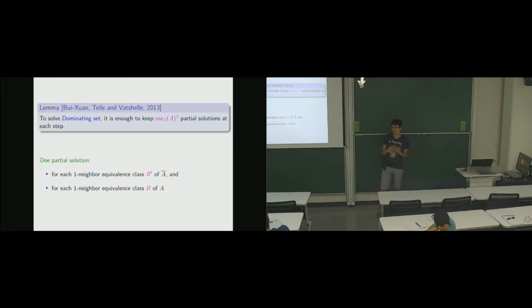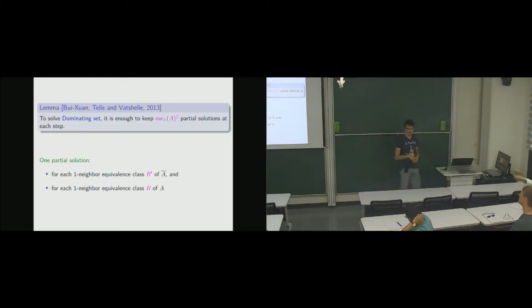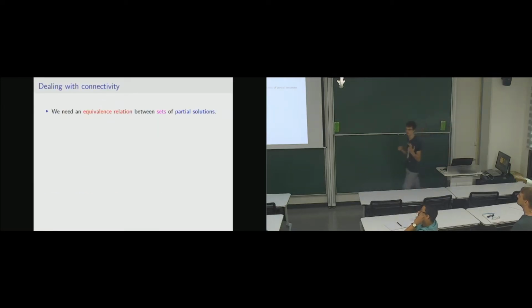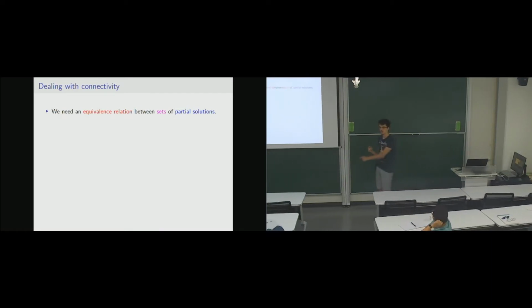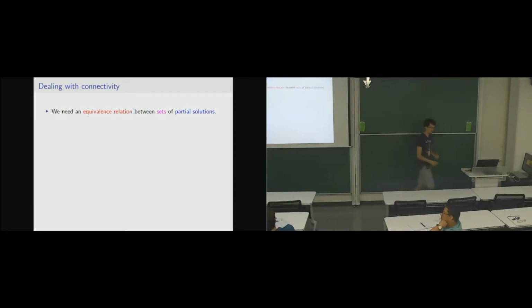Like for clique-width, for example, two partial solutions are equivalent if they connect the labels the same way. So there are k to the k non-equivalent partial solutions for the connectivity, and we want 2 to the k, so this is not enough. We need an equivalence relation between sets of partial solutions.